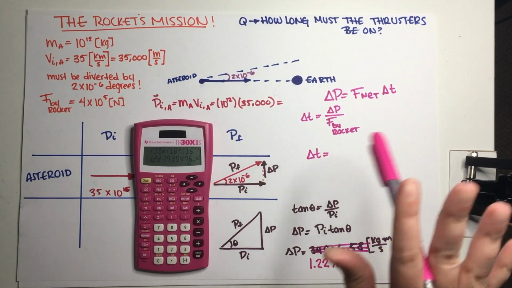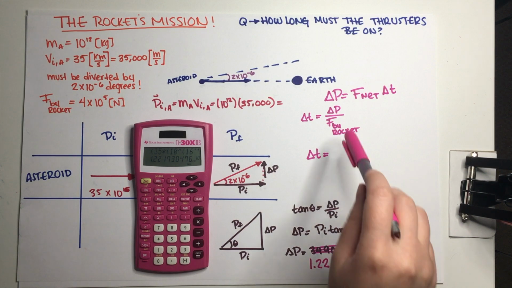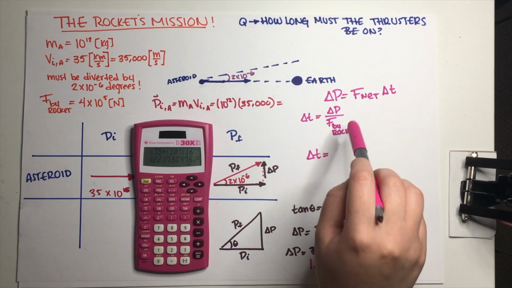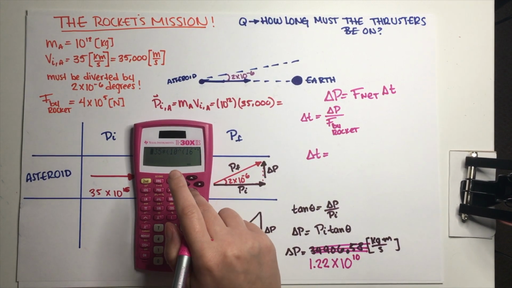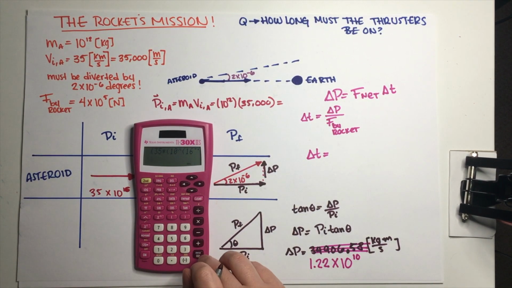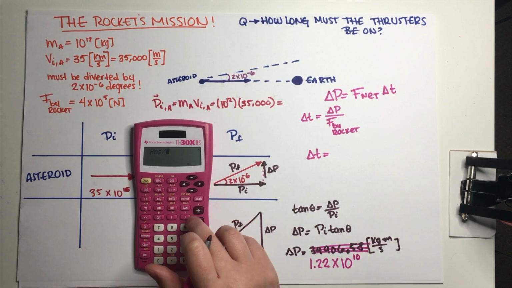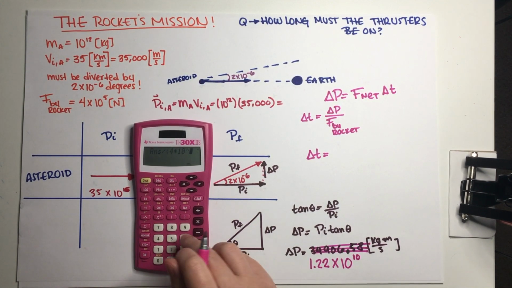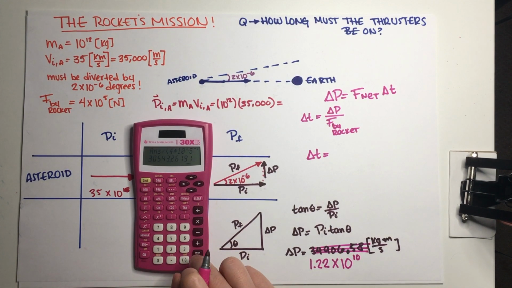It was just a little bit of a calculator issue, but now I'm just gonna go ahead and divide this delta P divided by force by rocket, which is just this number that I got as an answer divided by 4 times 10 to the 5, and there we go.